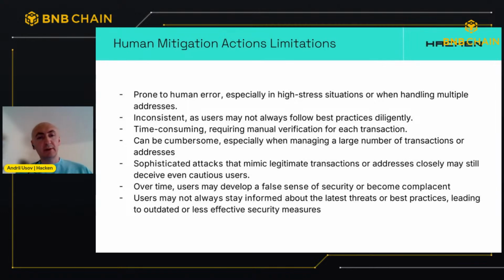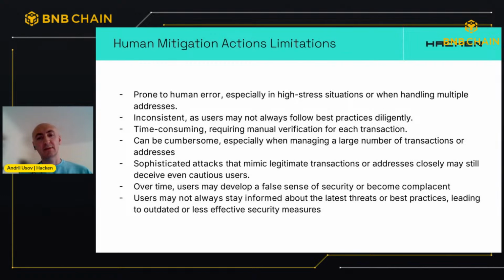What kind of limitations are there on human mitigation action? We are prone to human error, just because of the large number of transactions. It's really difficult to be consistent in tracking before doing any operation. Verification of an address is time consuming.